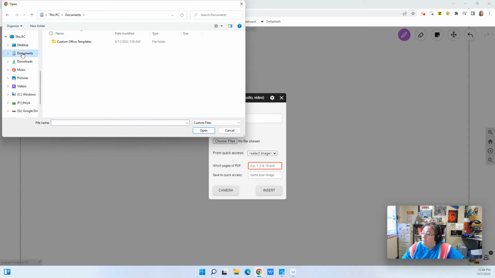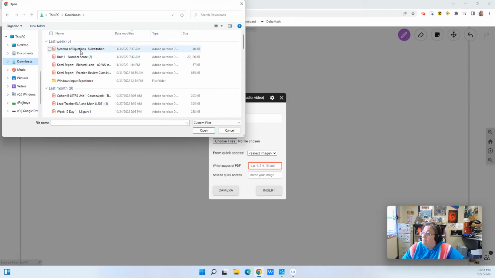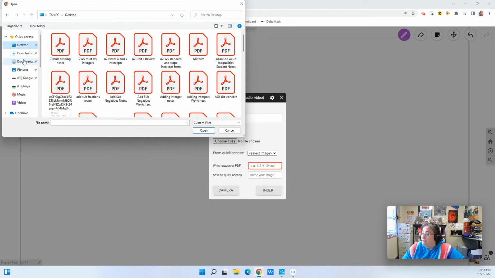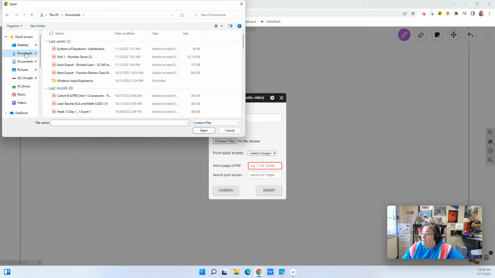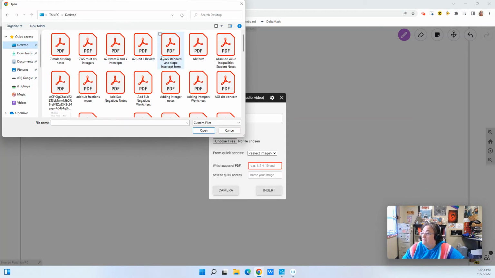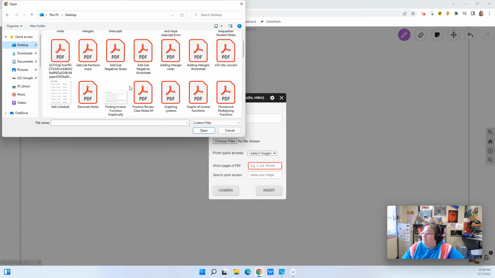Maybe documents? No. Downloads? No. Oh, maybe it's up here. No. I apologize for being so slow with this today. Graphs of inverse functions.